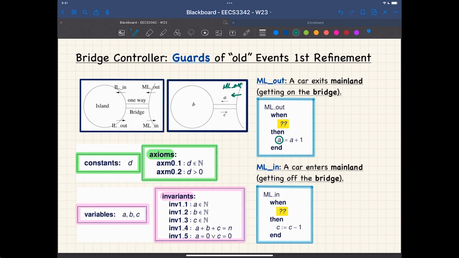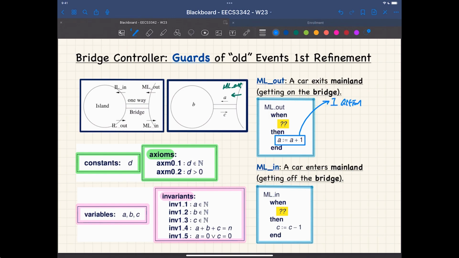And one thing to note, in the initial model, there's only one state variable, N. But now we got more than one. So you have to really understand what this before-after predicate really is. Let me talk about it right away. When you look at ML out over here, this is the action, which contains only one, so this is a single action.